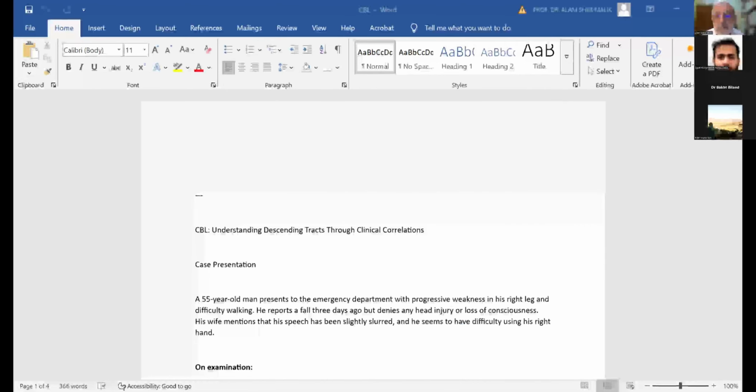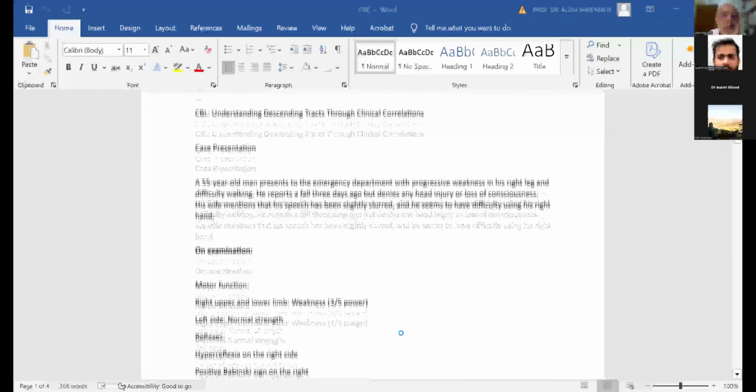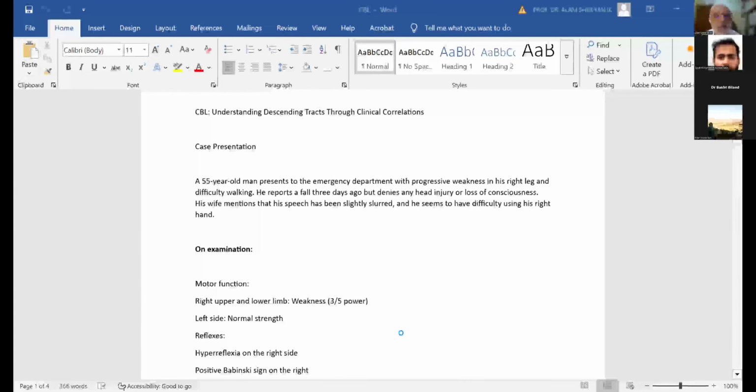Sir, so this is a topic for the second year MBBS anatomy. There's going to be a first session on this CBL about descending tracts, which is going to be an LGF, and in the second session there's going to be an understanding of these descending tracts through clinical cases.